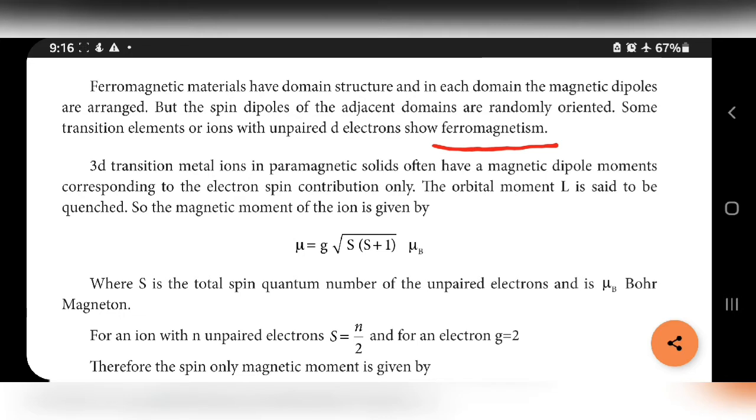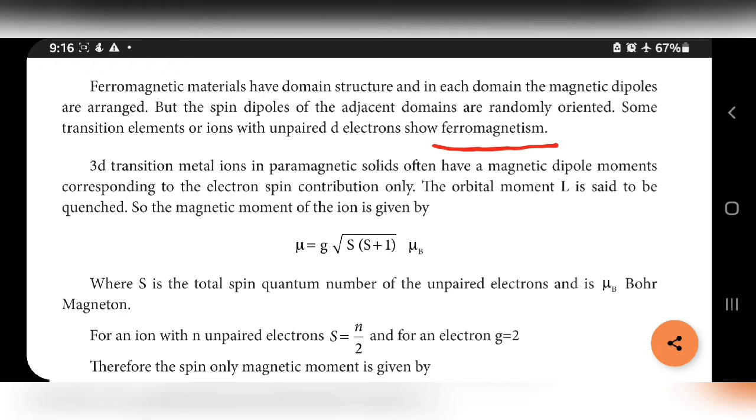Paramagnetic means presence of unpaired electrons; diamagnetic means absence of unpaired electrons, that is, all the electrons are paired. Other than these two types, ferromagnetic and antiferromagnetic materials also exist. So here they have explained ferromagnetism.